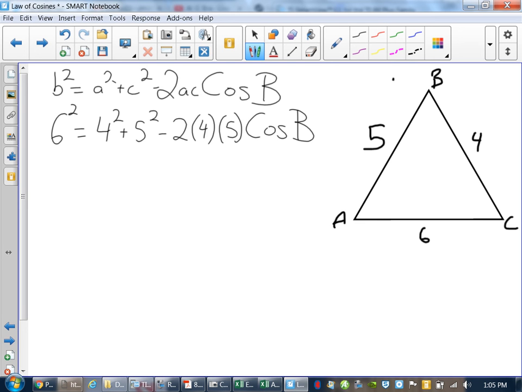What was the very first thing you did? Combine like terms. The only like terms you can combine here are 4 squared and 5 squared. What's 4 squared plus 5 squared? 41. So this becomes 36 for 6 squared. Can I multiply these together? Yes, 2 times 4 times 5.